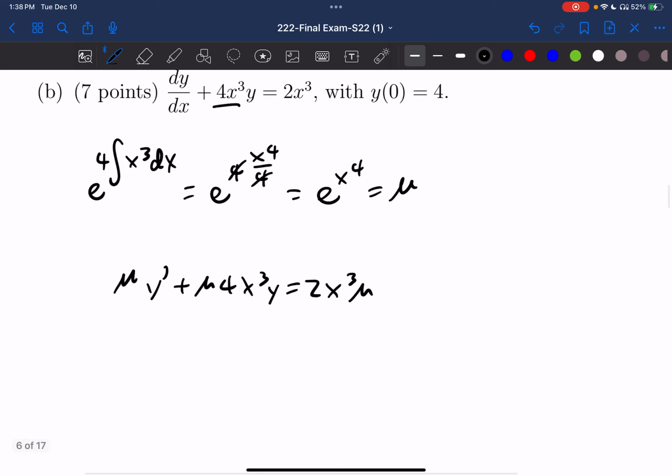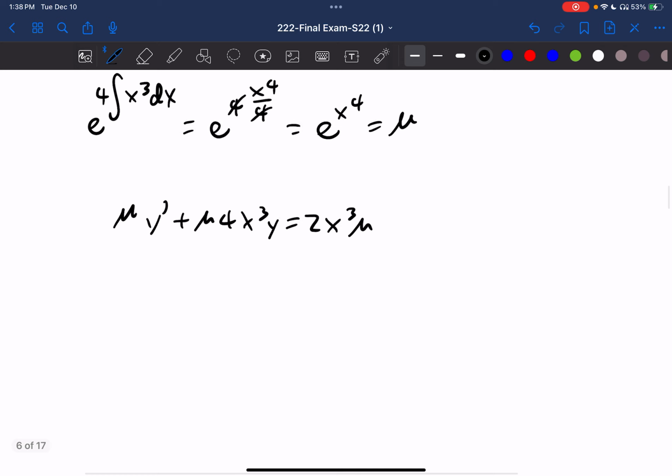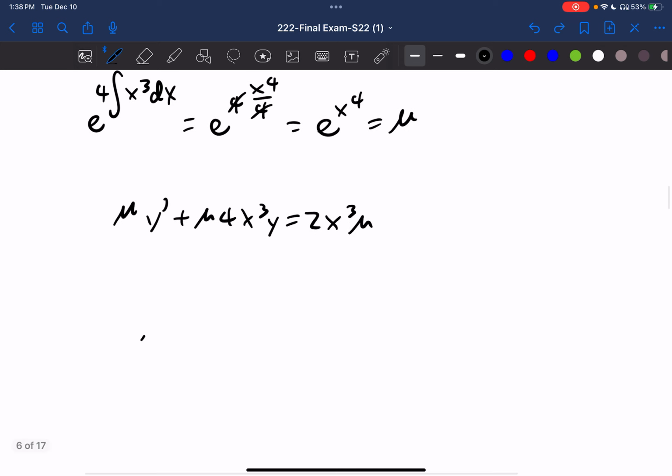Don't forget. Applying the knowledge of reverse implicit differentiation, we can see that this jumble right here will be the derivative of mu y. We can integrate this, dy will be equal to the integral of this side. We can notice this 2 is a constant, so we can bring that in front.